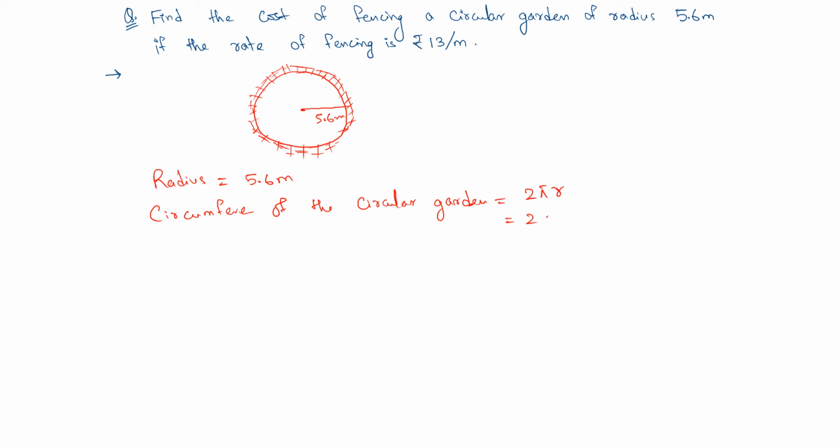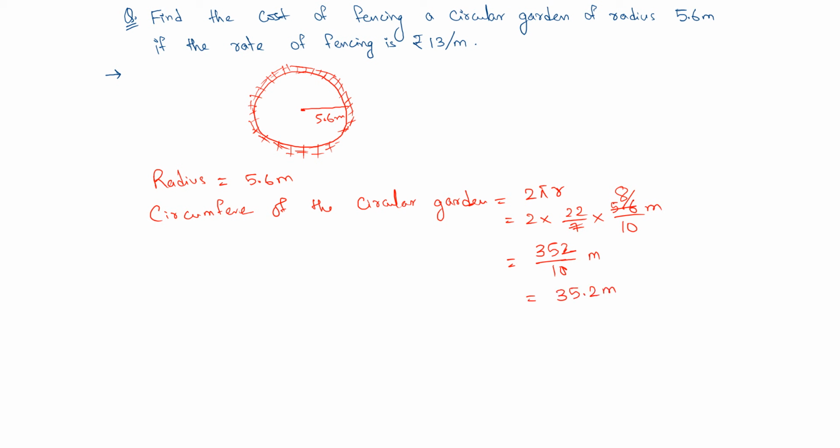So 2 into 22 by 7 into the radius, 5.6 meter. Again, if you have a problem with the decimal, you can remove it, bring 10 out here. Now 7 8s are 56. You can do the multiplication. After multiplication, 8 22s and 2, we got 352 by 10 meter, which will be 35.2 meter.